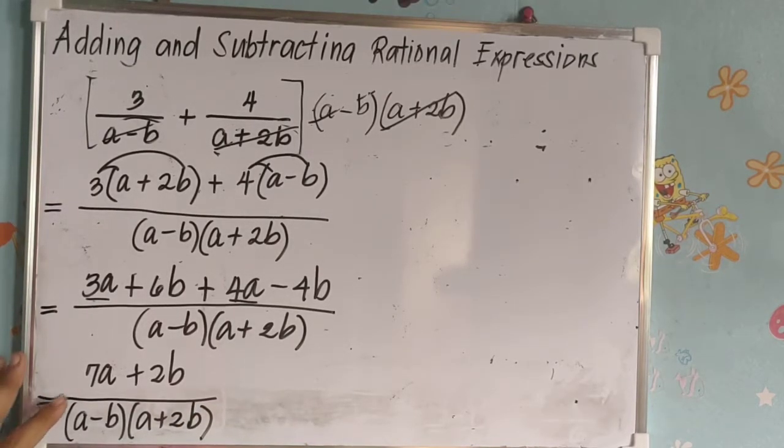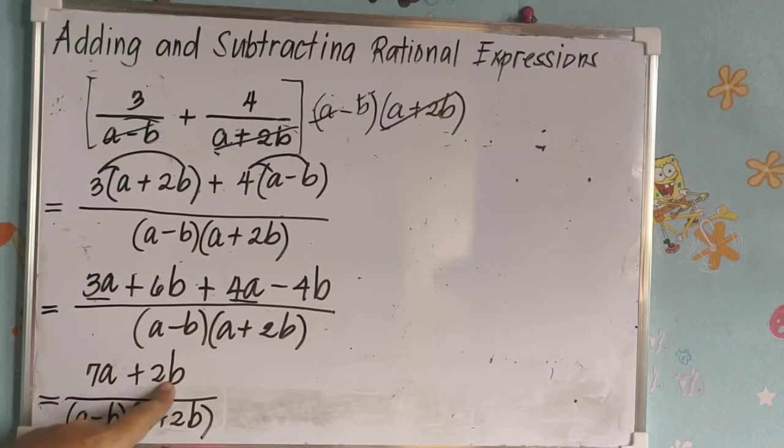Then let us observe if there are common factors, or if the numerator and the denominator are still factorable. But in this case, 7a plus 2b, there is no common factor.